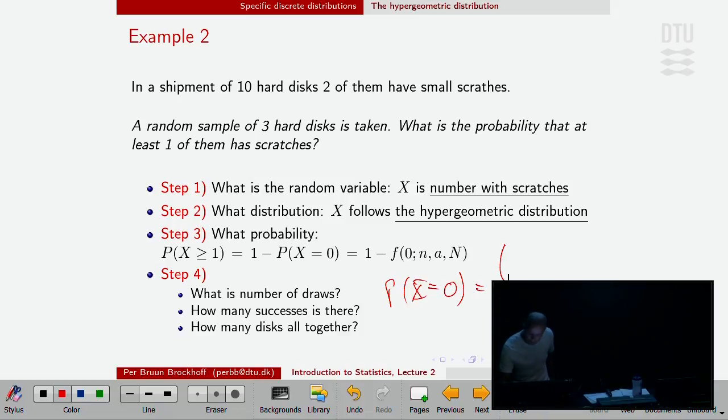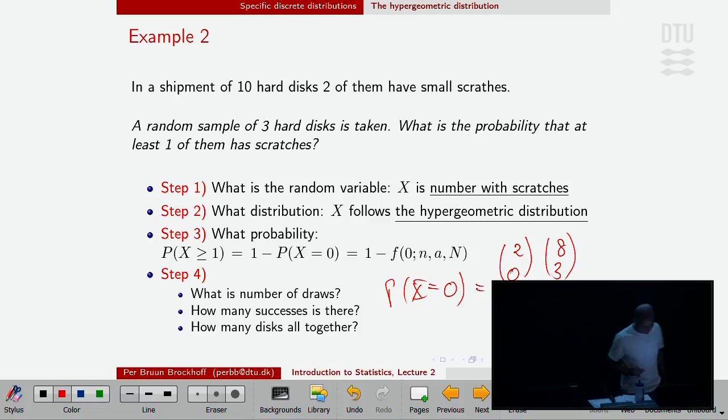Well, I should take the 0 out of the 2, and I should take the 3 out of the 8, right? The 3 should be among the 8 with no faults, and the 0 should come from the 2 with faults. That's the general combinatorial where you count the number of relevant ones, and then you count the total number in the denominator.